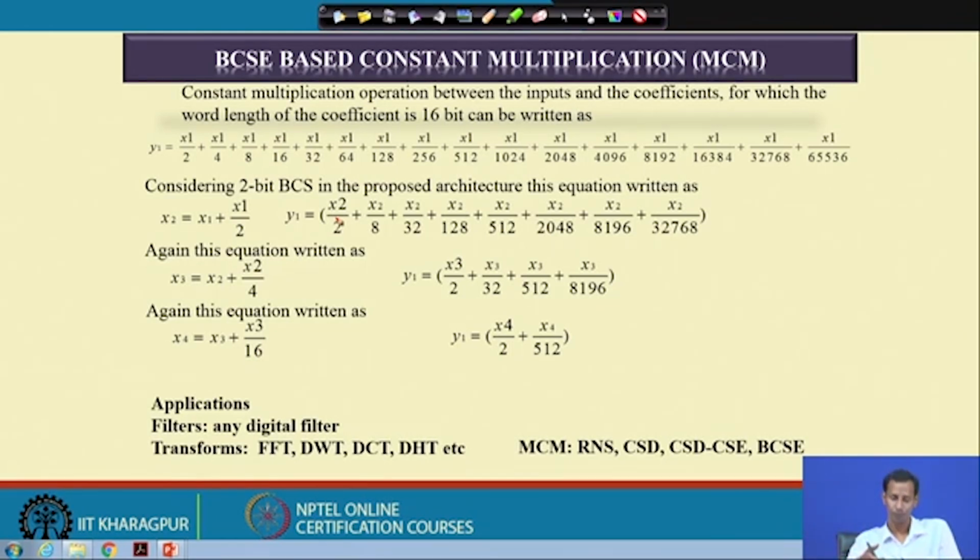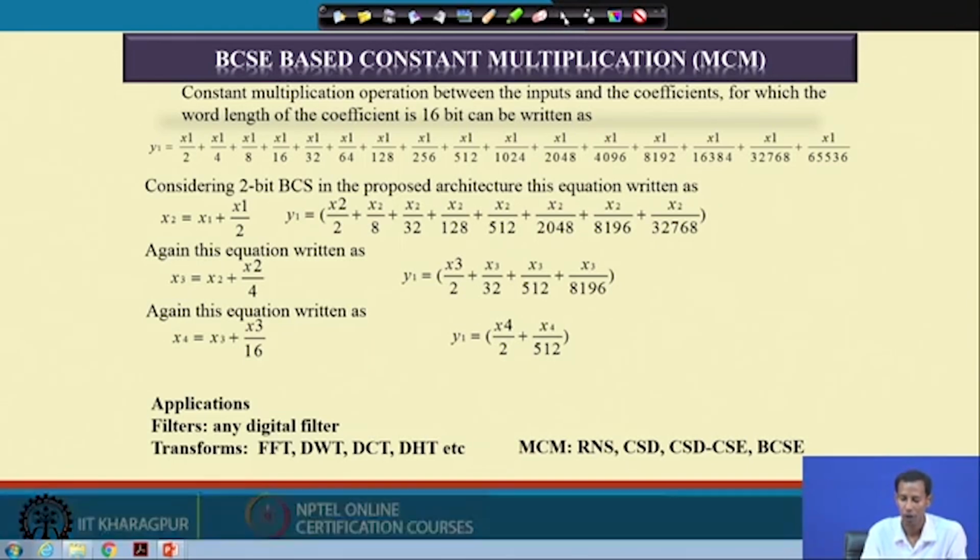That means, for 3 numbers that becomes 3 into 3, 9 savings. If the number is 10, then the savings will be 10 into 3, that is 30 addition operations. So, the more constant multipliers, the more savings. Okay. So, this is the beauty of this binary common sub expression algorithm, which is basically used for constant multiplication operation.